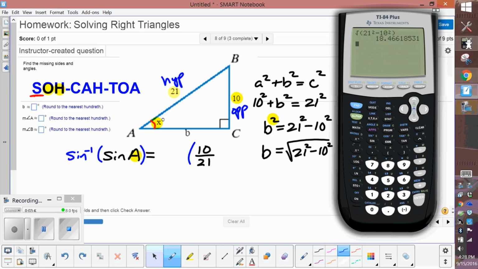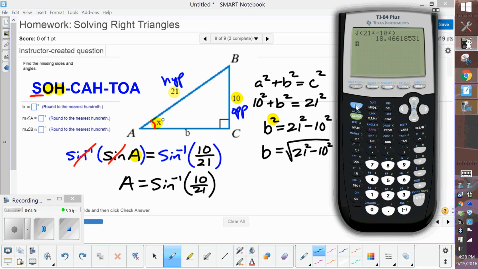And we would say sine inverse. These would cancel each other out. And we just get A equals the sine inverse of 10 divided by 21. And I'll let the calculator do that fraction for me. So second sine, 10 divided by 21.